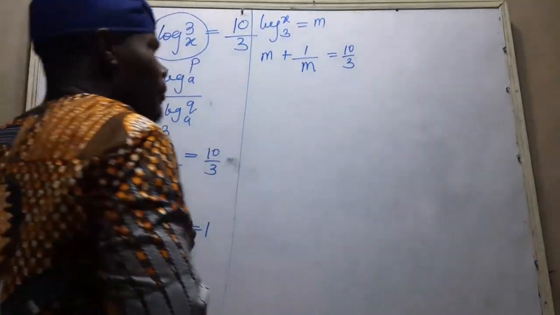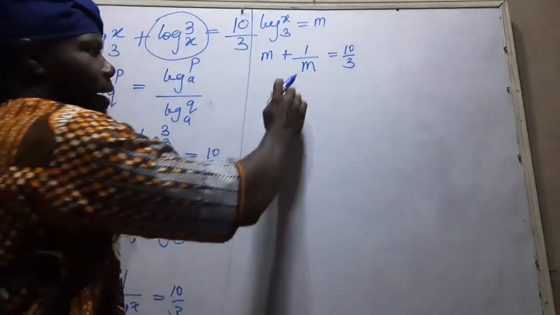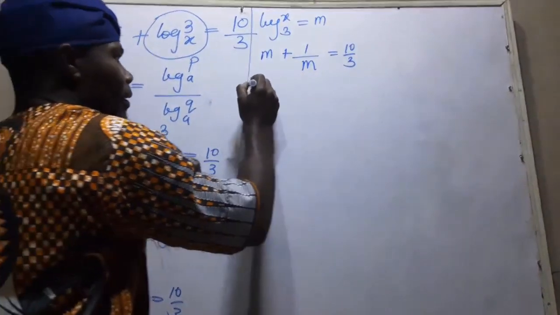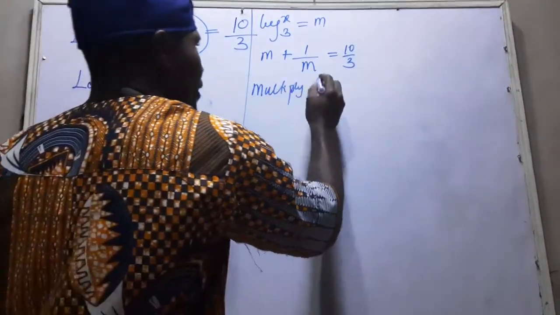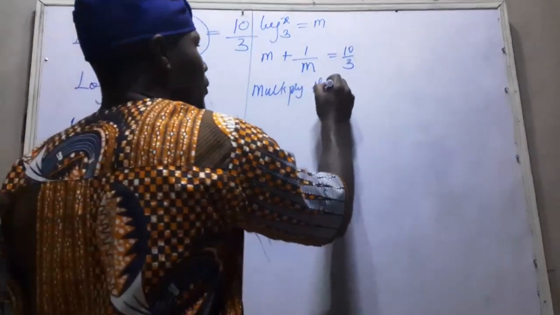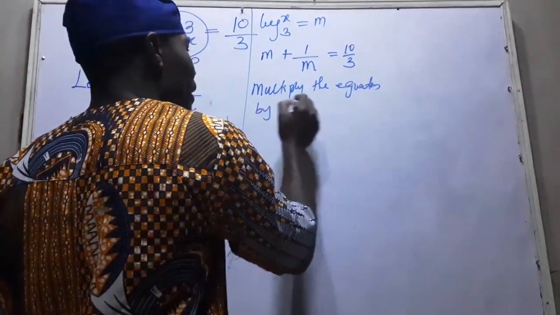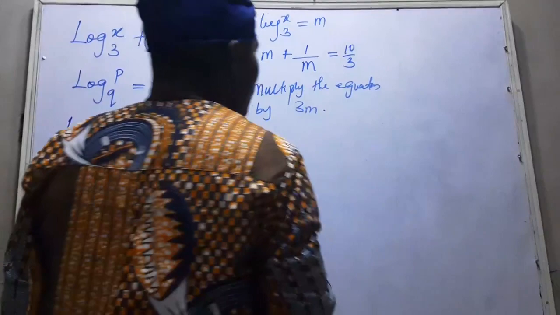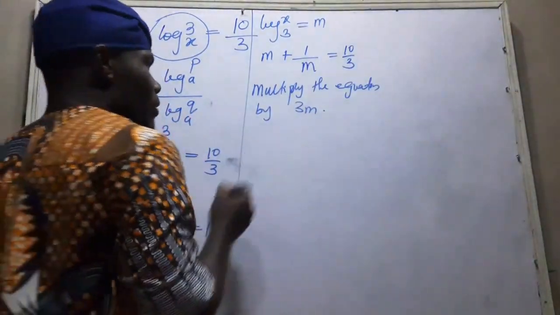The most important step is to multiply the equation by 3m, because the 3 and the m are the ones in the denominators.